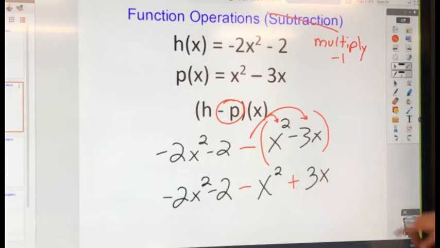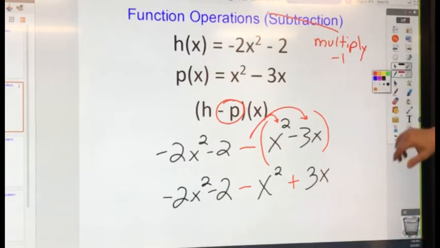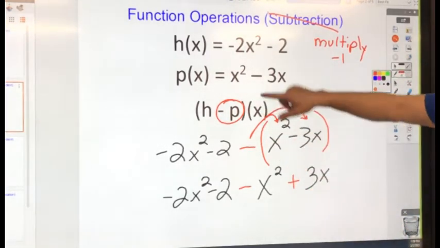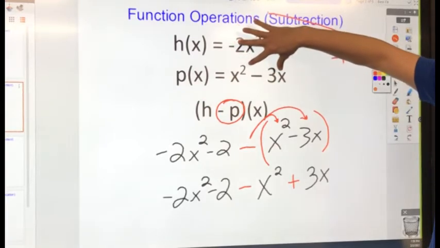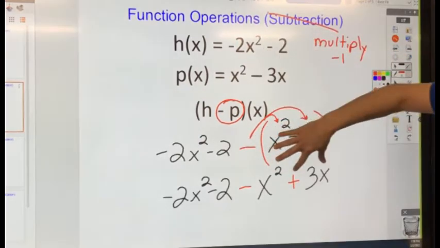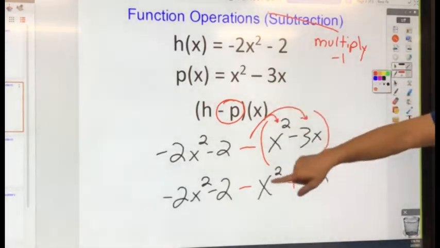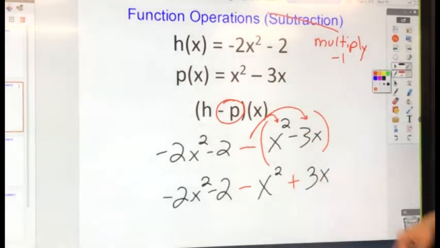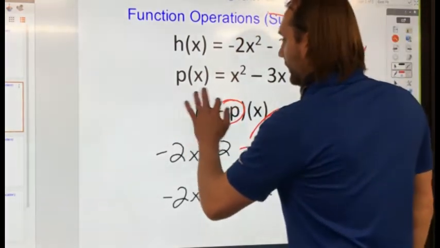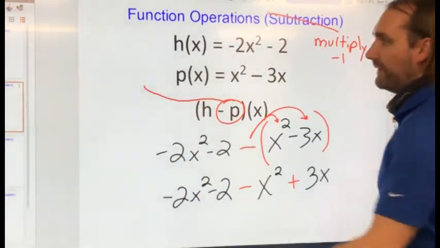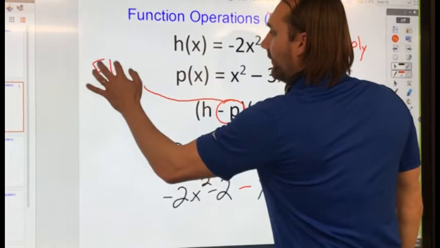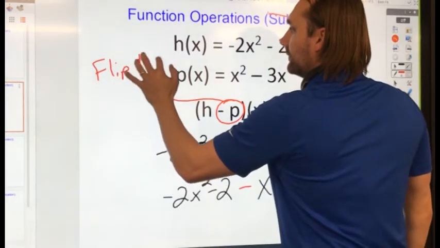Now you can look at it and combine your like terms. But note, what did I do to p? It started out as x squared minus 3x and became negative x squared plus 3x. What happened to my terms? They switched signs, yes. So with subtraction, when you see that negative, you're basically just flipping the signs of the function that the negative is in front of.